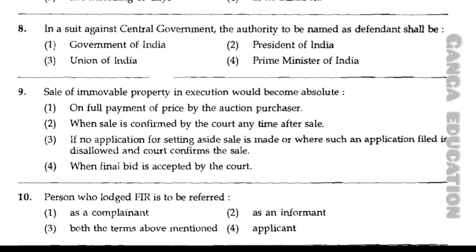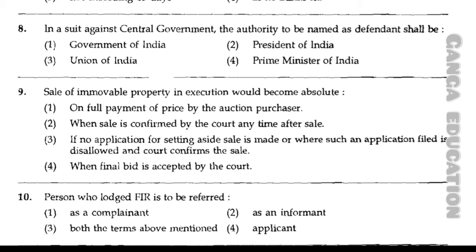Now question number 9. Sale of immovable property in execution would become absolute. Option number 1, on full payment of price by the auction purchaser. Option number 2, when sale is confirmed by the court any time after sale.